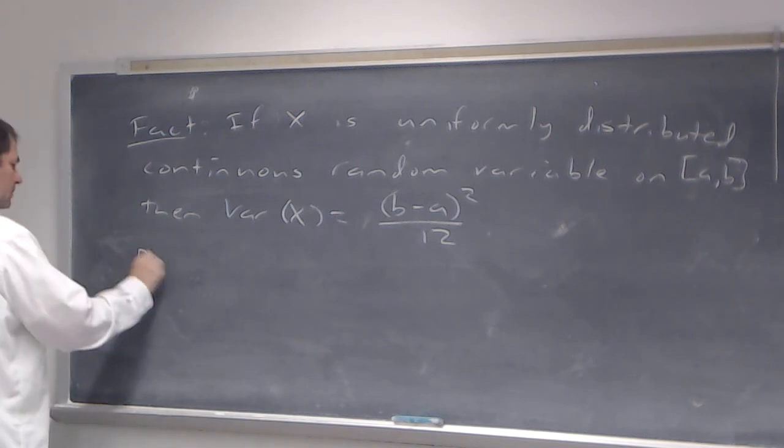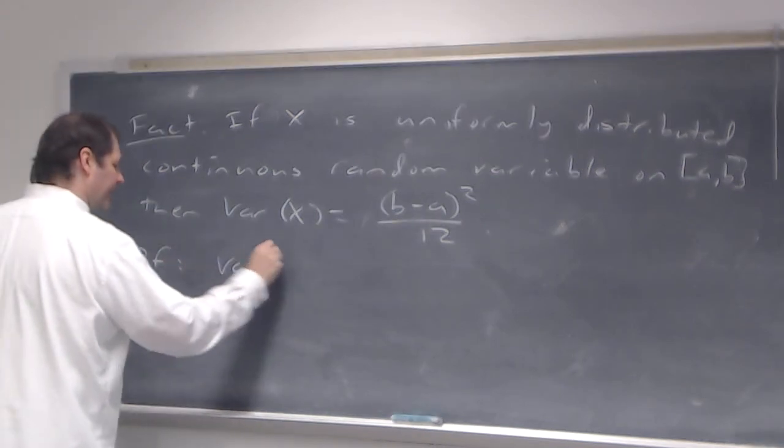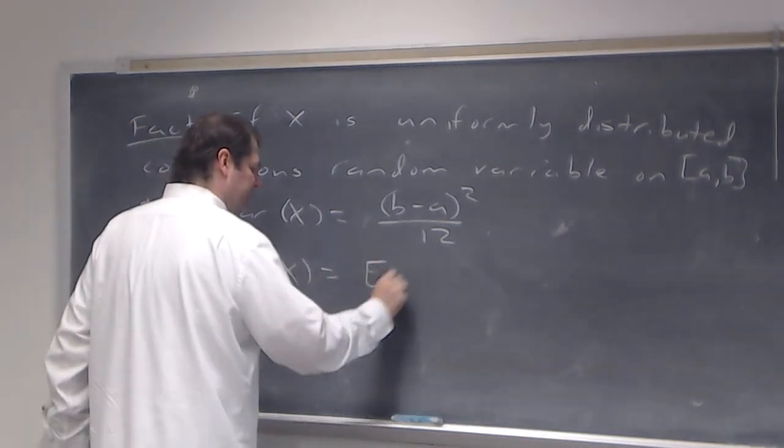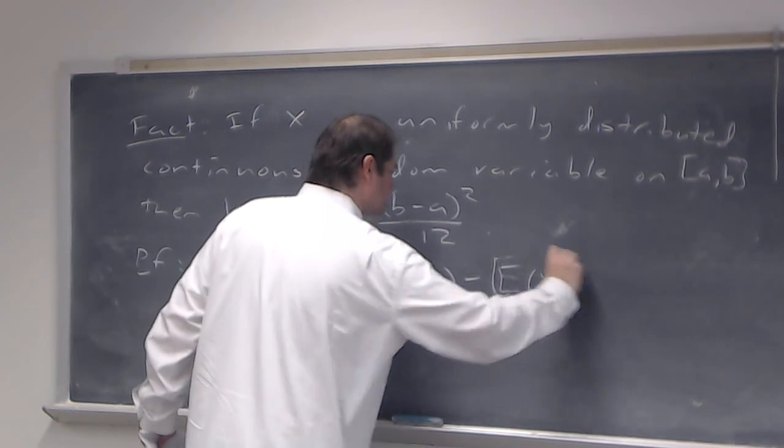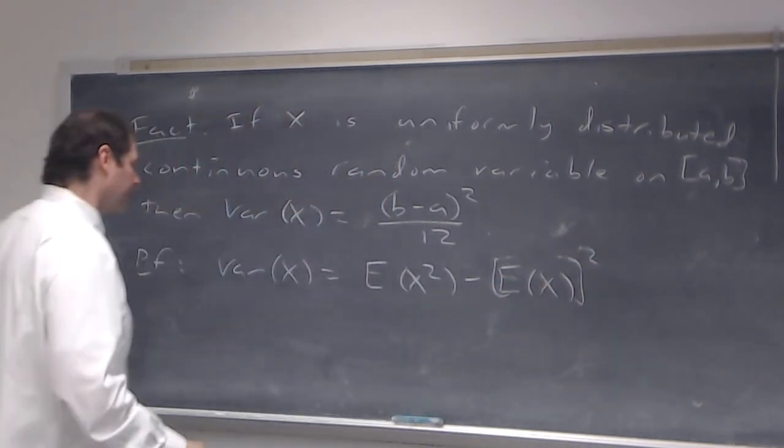Let's prove it. And so, remember, the variance of x by formula is equal to the expected value of x squared minus the expected value of x, squared. We just found this.